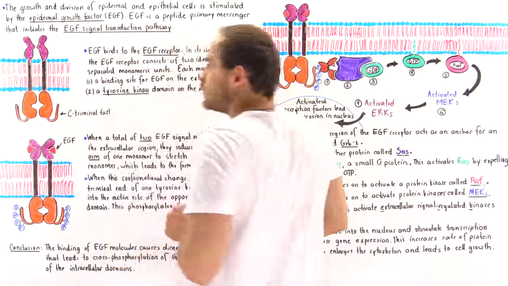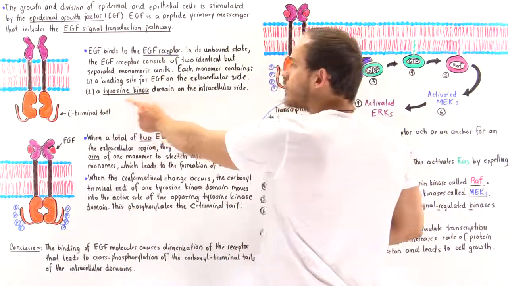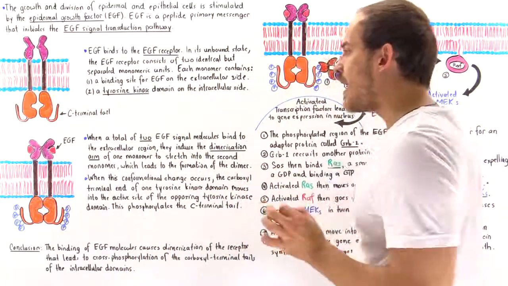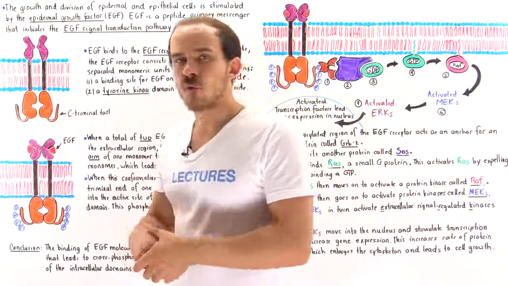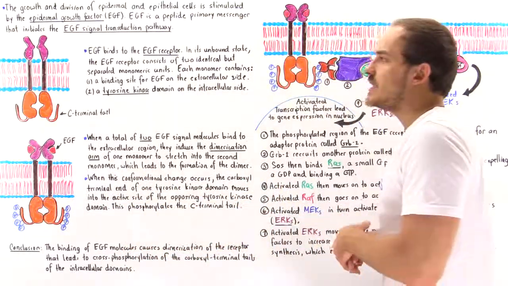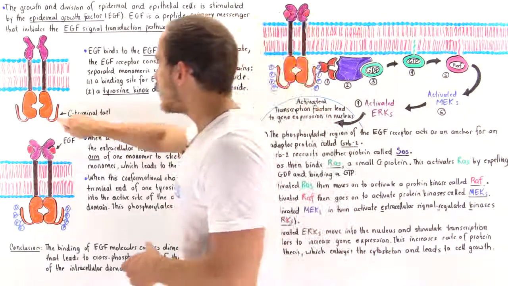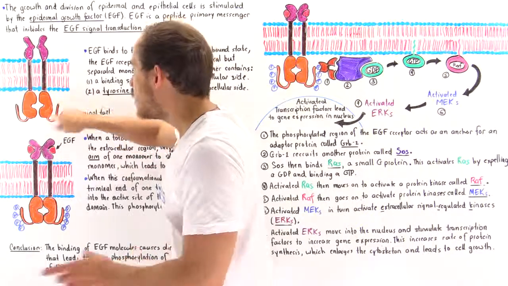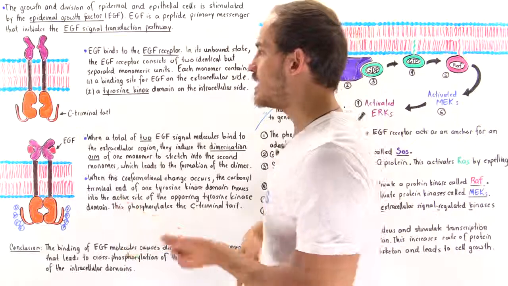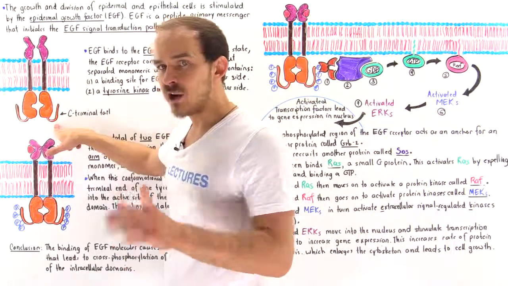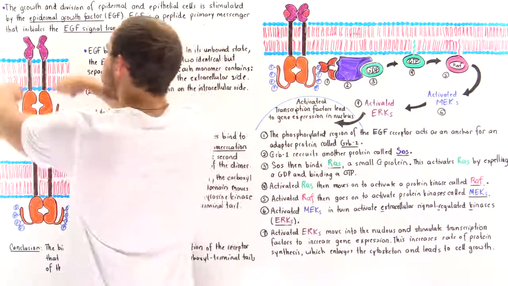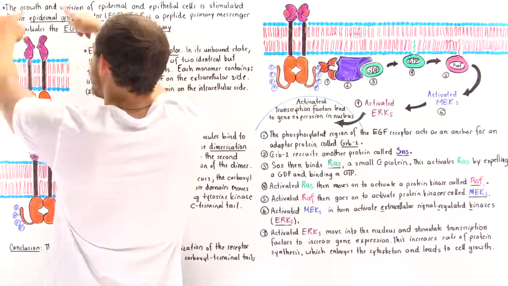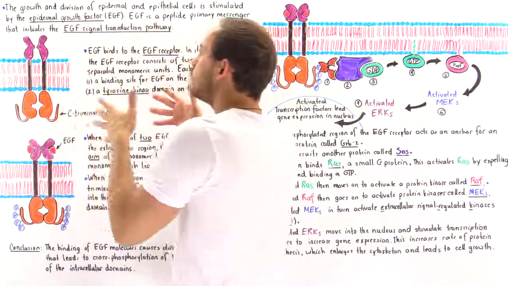And this is the region that contains the tyrosine protein kinase domain that will be responsible for initiating the first phosphorylation process, as we'll see in just a moment. Now, this is the C-tail, the carboxyl terminal end of this polypeptide, and we'll see why that's important in just a moment.